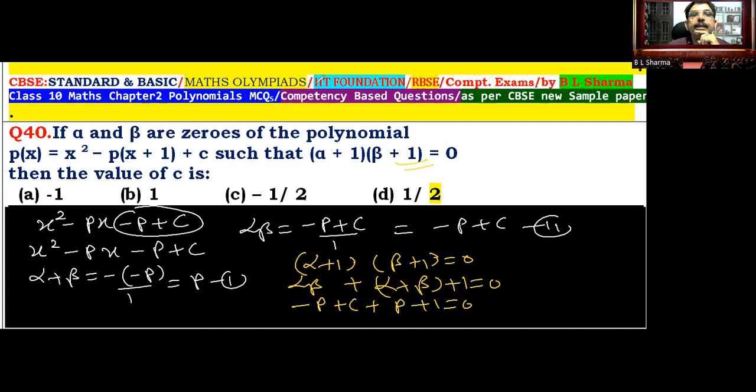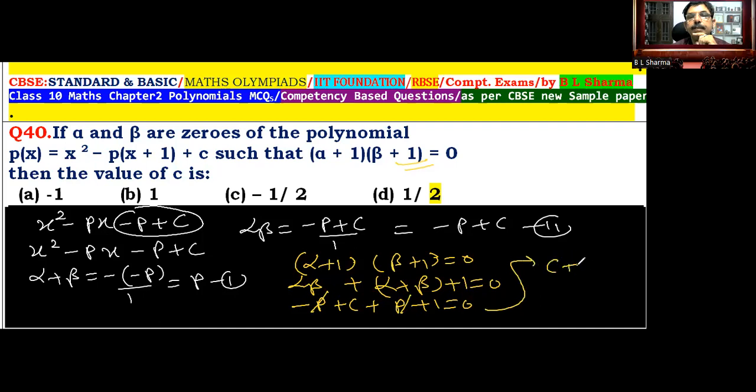See, here alpha into beta is minus p plus c. Alpha plus beta, the sum of zeros, is p. And 1, it is already given that this is equal to 0. So we put equal to 0. And now minus p is cancelled by plus p.